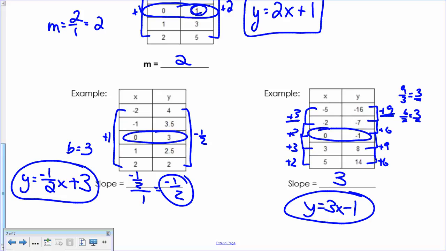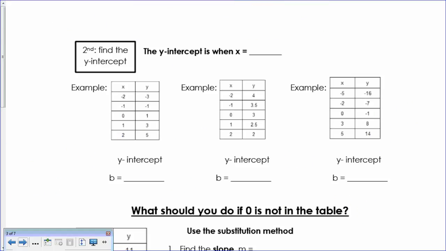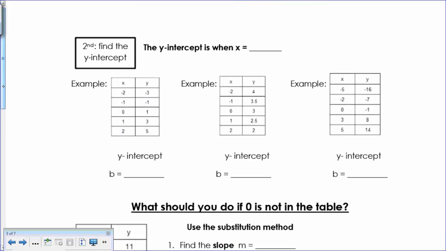Not too challenging. Like I said, now, to find the y-intercept, x is, what should be in that blank? When x is 0. Okay? So, again, if you look at these, the y-intercepts are right here. We saw those in those last 3 examples.